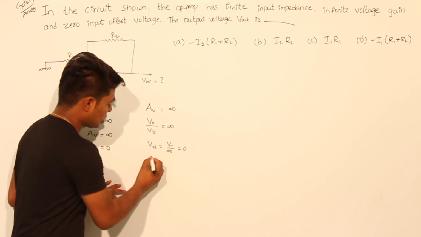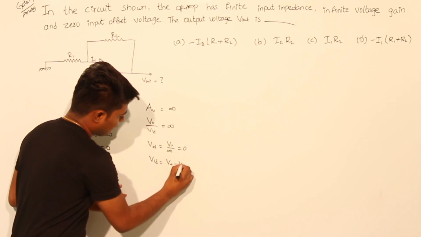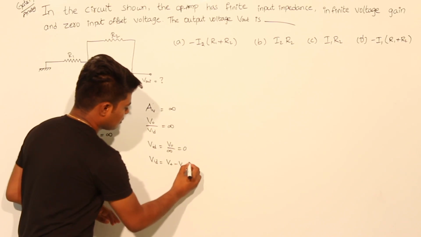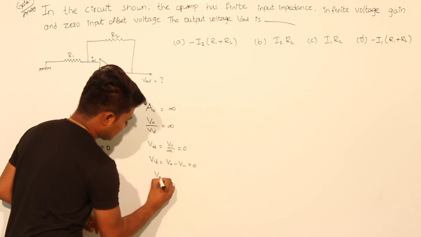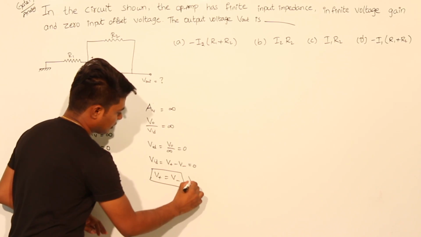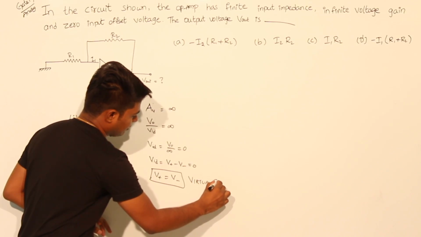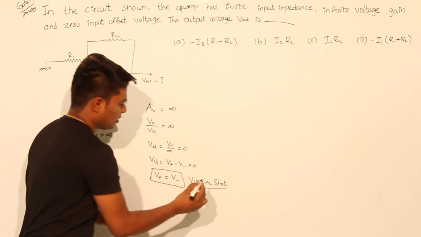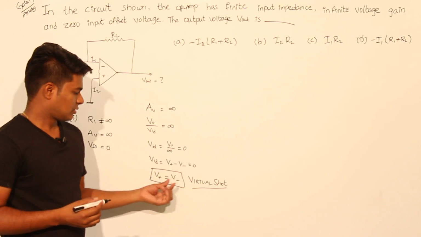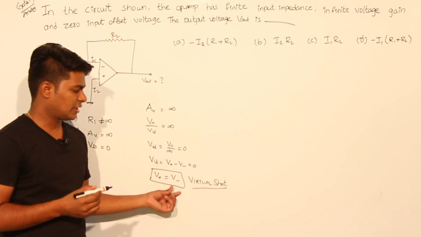So we are getting VID equal to V plus minus V minus and it is equal to 0. So V plus is equal to V minus. This concept is called virtual short. Okay, virtual short. This is a very important concept. Virtual short says that the voltages present at the non-inverting terminal and inverting terminal are the same.